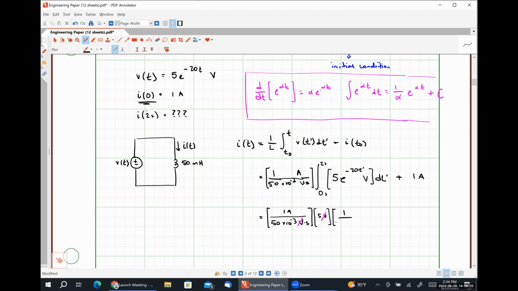So 1 over negative 20. What do you think the units of this alpha quantity are? This is kind of a trick-ish question, just to be clear. Unitless?